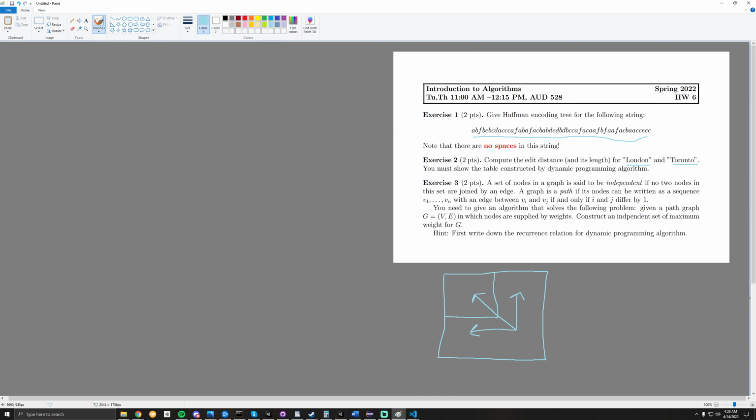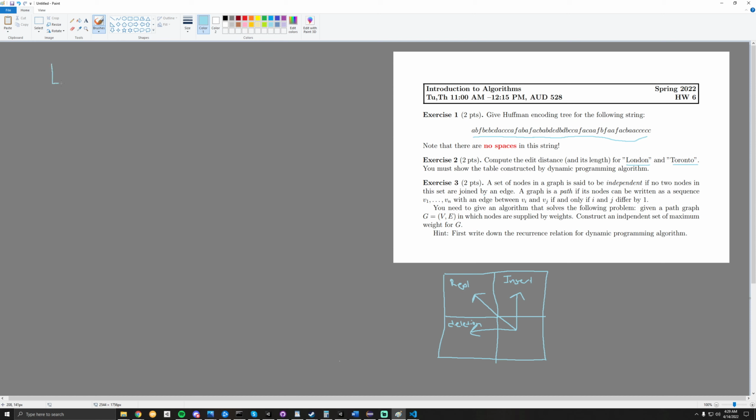So I'll keep this here as a nice little note so we don't lose track. So this is insertion, this is replacement, and this is deletion. And hopefully it'll make sense as we draw this out.